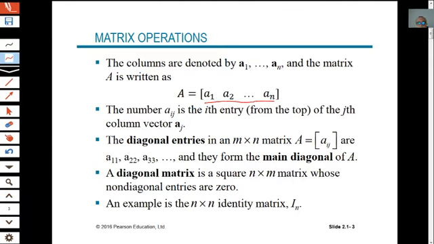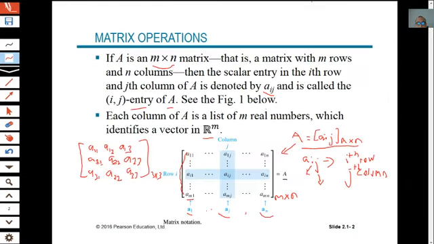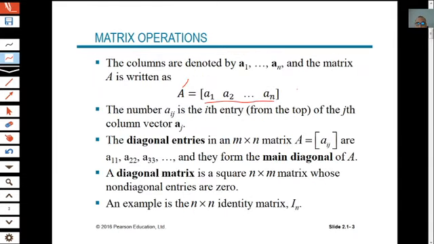So another notation for a matrix is given in this form. A1, A2, and so on up to An are the columns of the matrix A, as you know from chapter 1. And each column has m components, as you can see. For example, we want to write clearly the components of the second column, which is a vector in Rm. So the components will be A12, and we are in the second column.